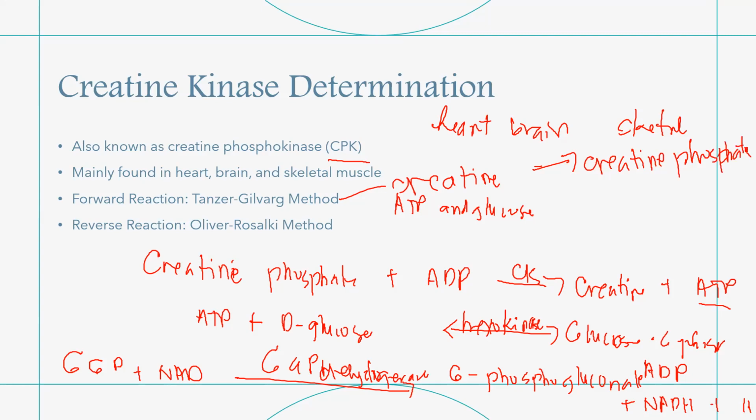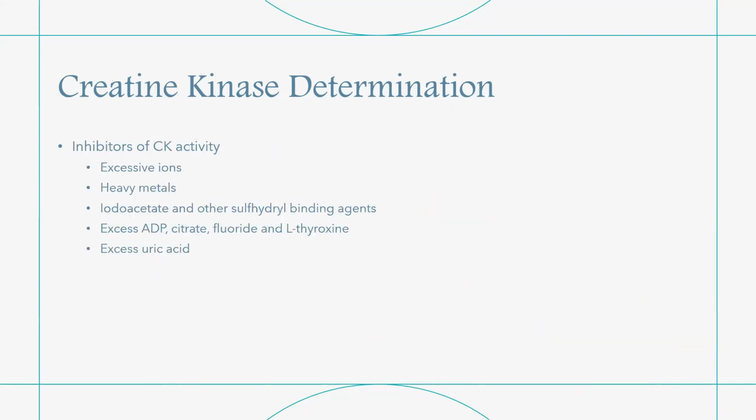While the Oliver-Rosalki is a reverse method wherein creatine phosphate will give us creatine. So instead of creatine to creatine phosphate, we have creatine phosphate to creatine. That is the difference between the reverse method and the forward method for creatine kinase determination.